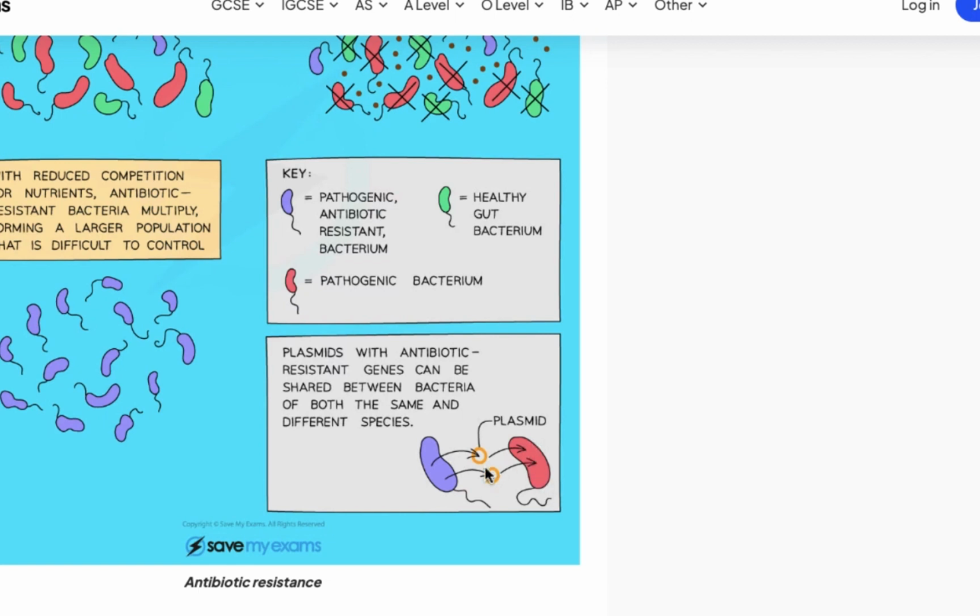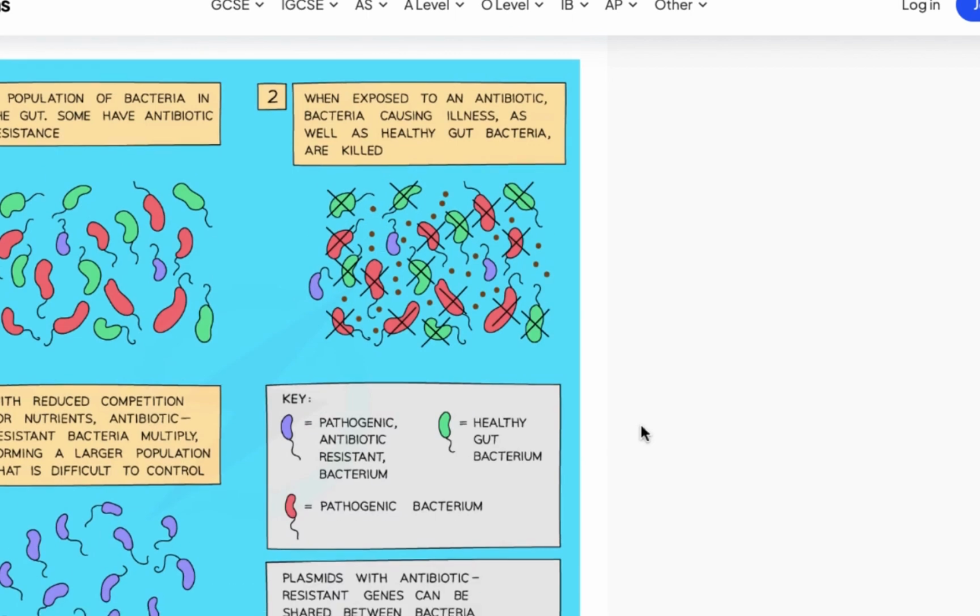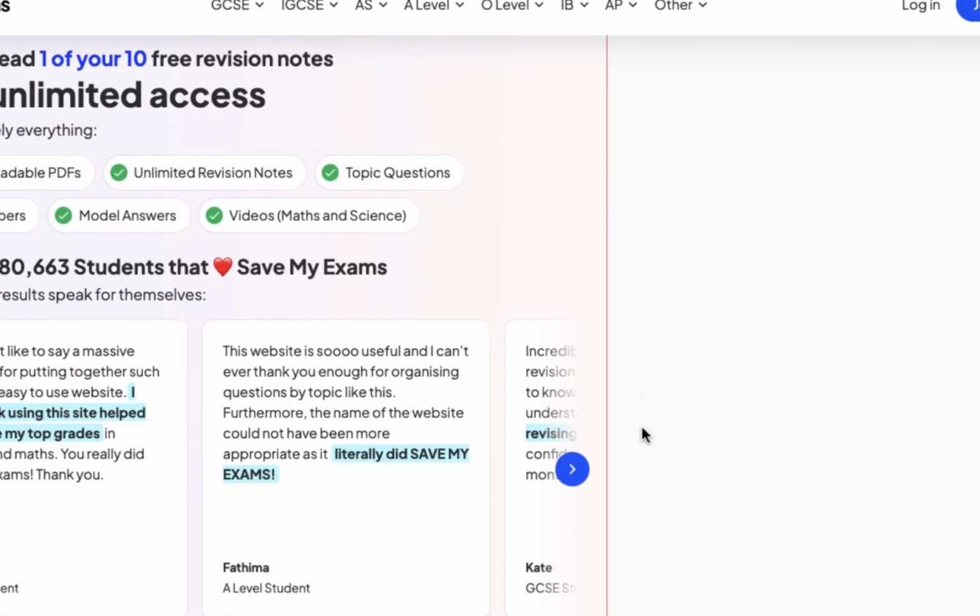Whether the same bacteria or bacteria of different species, this plasmid can be shared with them. And this plasmid carries antibiotic resistance.